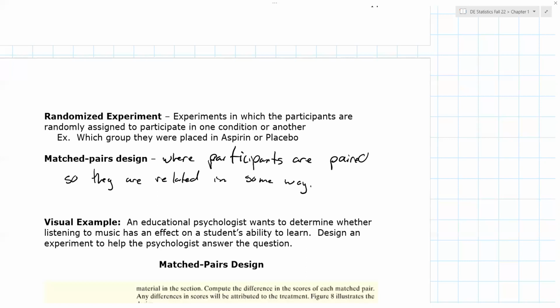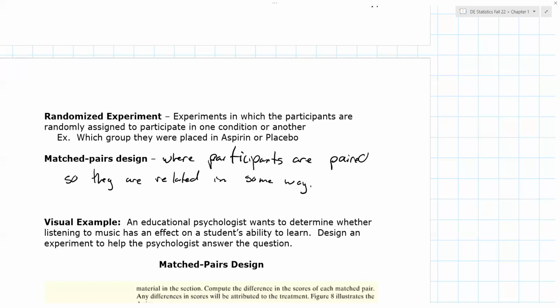If you're testing an online homework versus traditional textbook homework for a math class, maybe you're going to match up the two different groups based on how good they are at math. So you look at math scores and you make sure that you have some people that are high ACT, SAT math scores in each group, and you have some that are low ACT and SAT scores in each group.